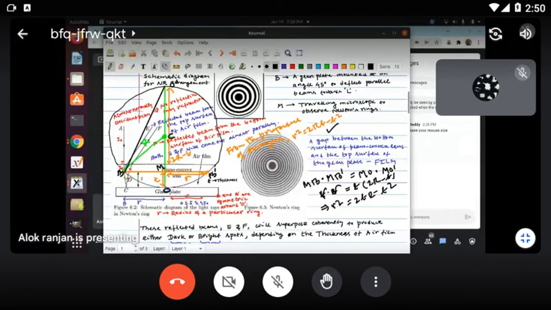Yes, sir. Okay. So those who have done, they must have followed this principle. Yes or no? Pythagoras, yes, sir. In triangle CMB, we used Pythagoras theorem.